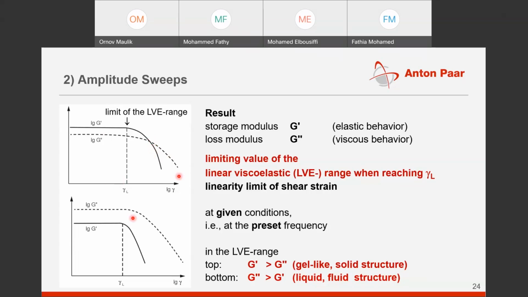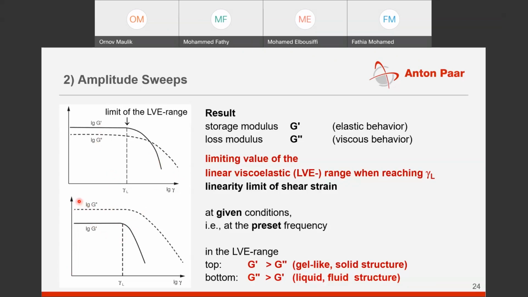Another type of curve that we can get from amplitude sweep is something like this. On the bottom left image, you can see that instead of getting G prime dominant over G double prime, we are getting G double prime dominant over G prime.